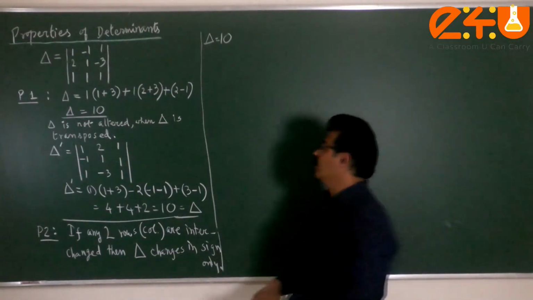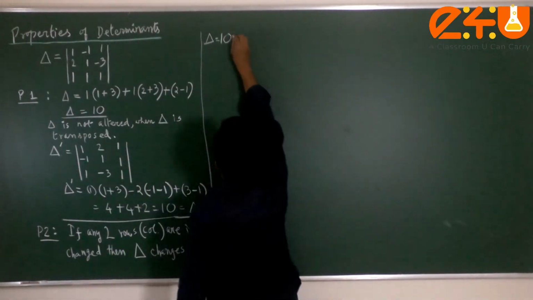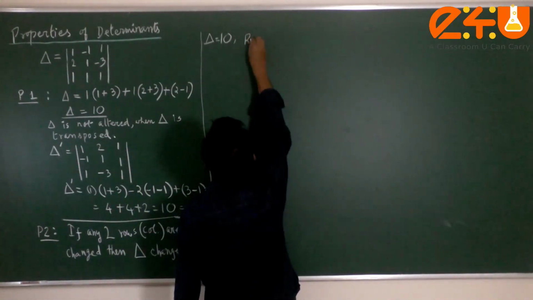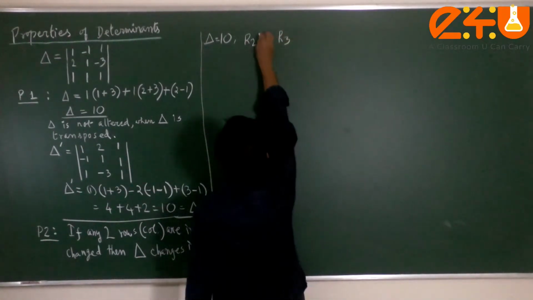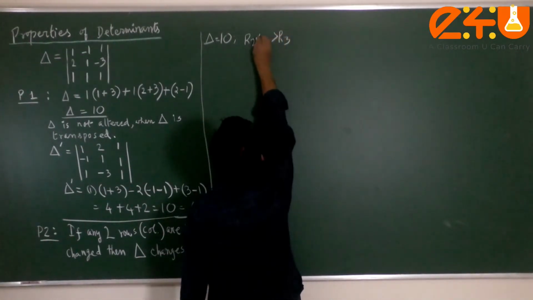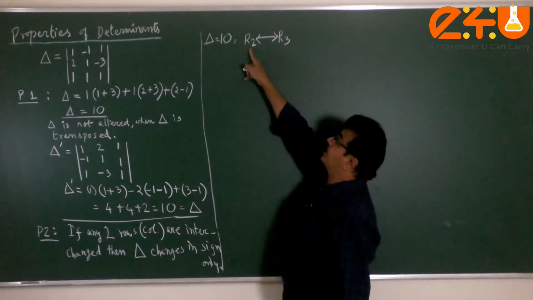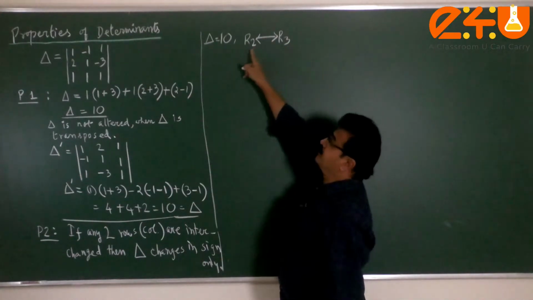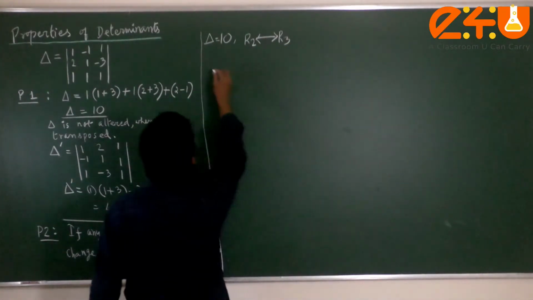You can select any two rows. I am going to simply interchange, let us say R2 goes to R3, R3 comes in position of R2. This is the interchanging symbol. Students are free to do any interchanging.